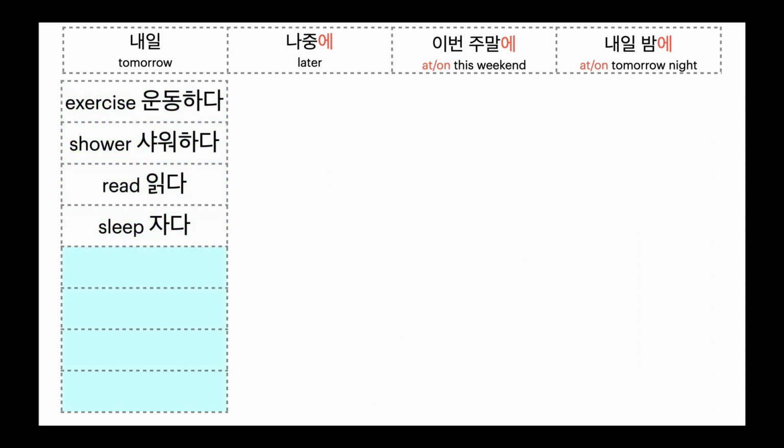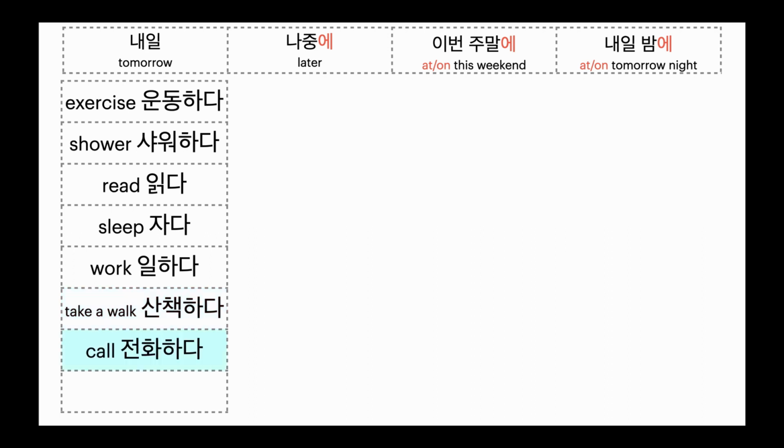Alright, and four new verbs in here. 일하다, work. When said slowly, it's pronounced 일하다, but quickly it often merges into 일하다. To take a walk, 산책하다. 전화하다, to call. 고치다, to fix.